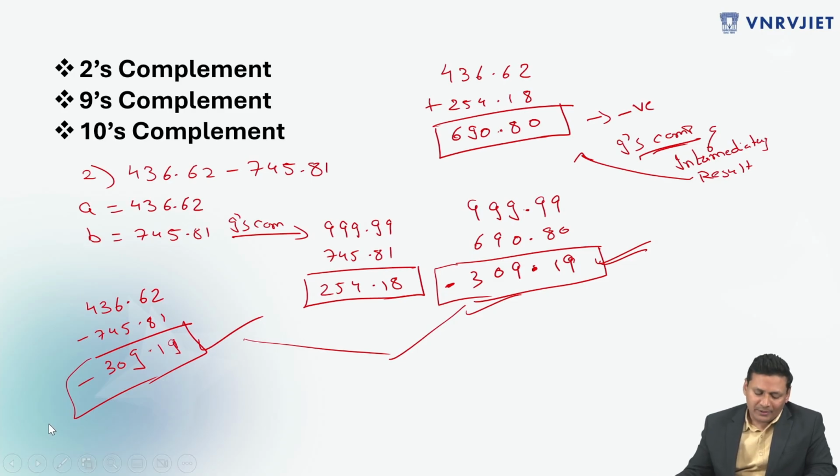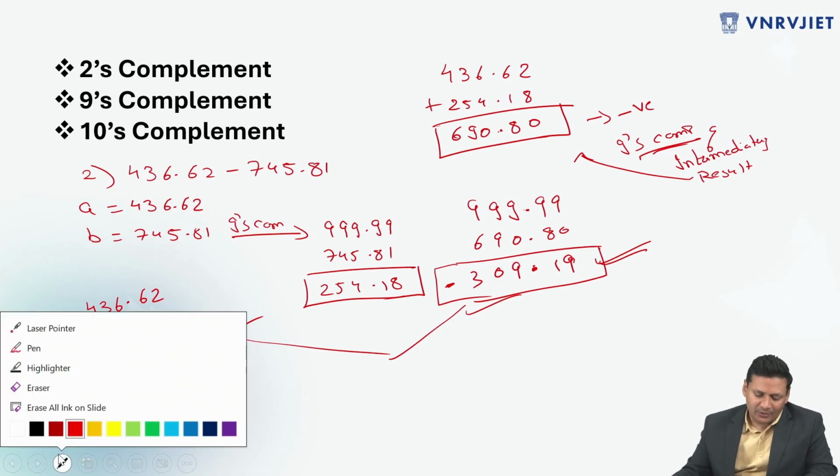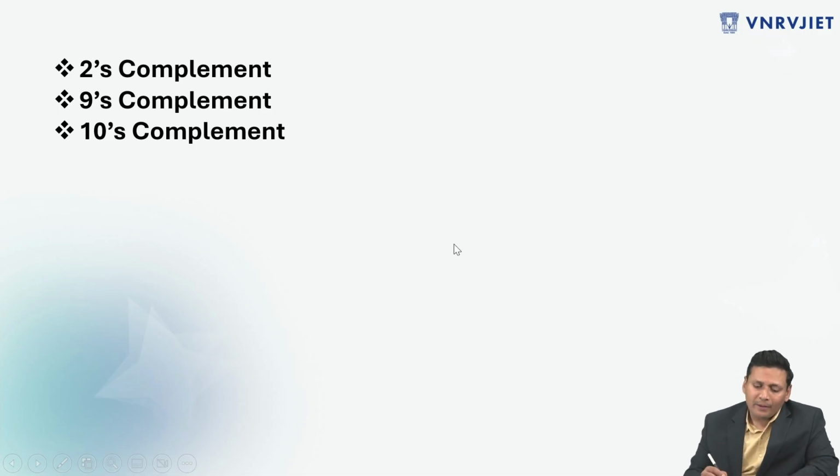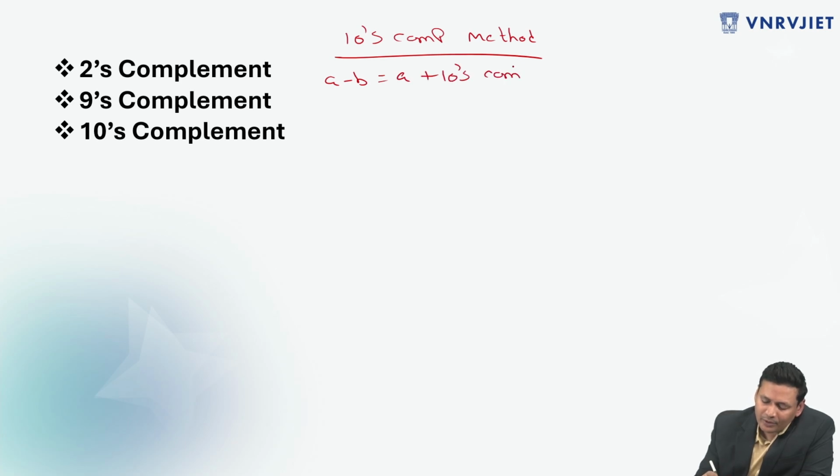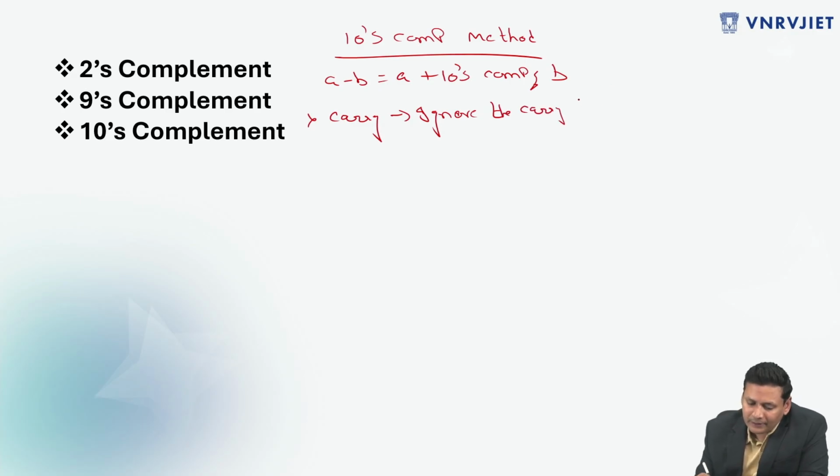Now let us go to the last method, that is the tens complement method. Again, in the tens complement method, to perform A minus B, it will be A plus the tens complement of B. If there is a carry, ignore the carry, and the carry indicates that the number is positive.